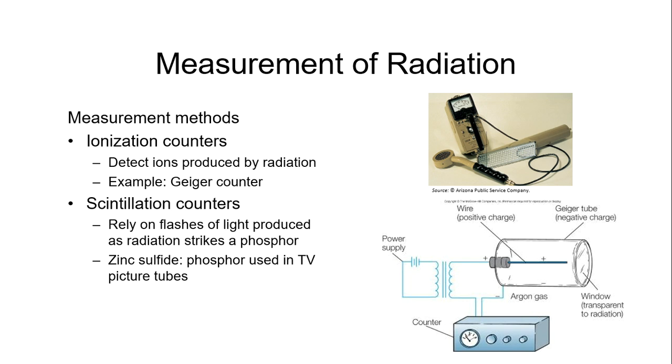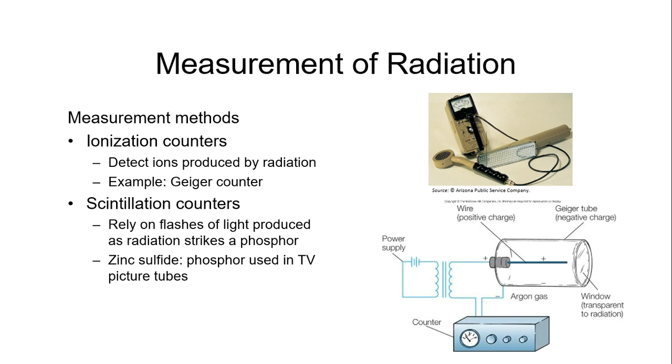You also have what's called the scintillation counter, which relies, of course, on the flashes of light that are produced as radiation strikes phosphorescent glass. Very similar to a cathode ray tube. You shoot electrons at the screen, it'll glow. Very similarly, you have a phosphorescent surface, a glass jar, if you will.